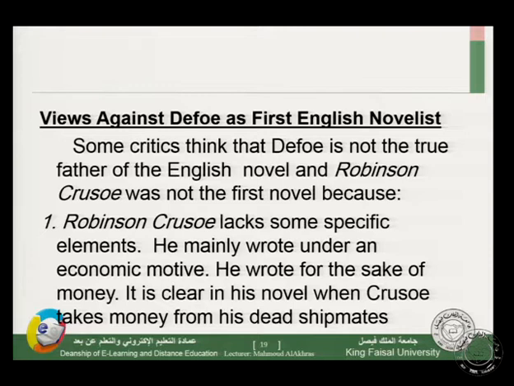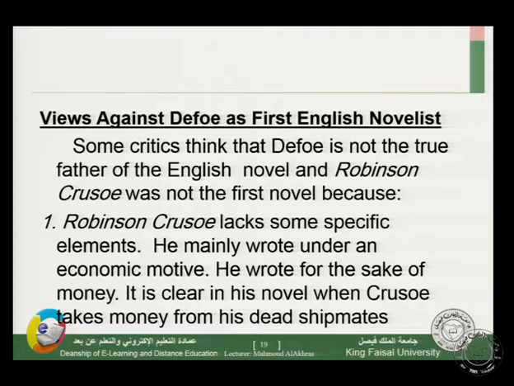Some critics say that Robinson Crusoe lacks some specific elements. This novel doesn't have many of the elements of a novel. He mainly wrote under an economic motive. So they think that Defoe wrote this kind of novel for the sake of money, not for the sake of literature and art.